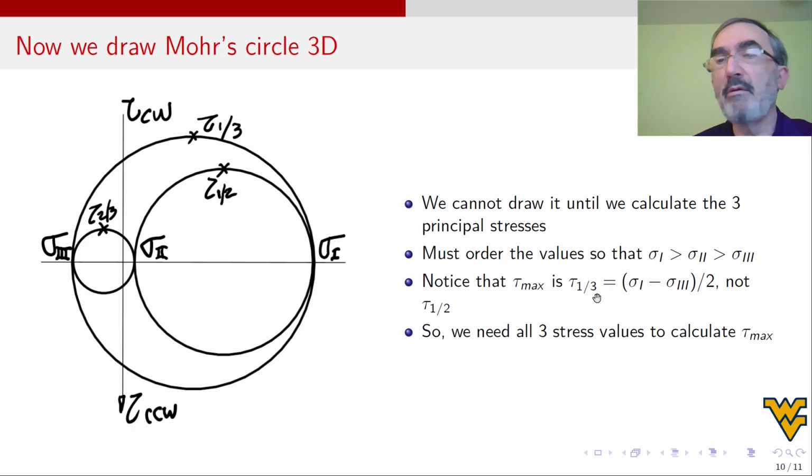Notice that tau max is tau 1,3, which can be calculated easily as this minus this divided by 2, and not tau 1,2 or tau 2,3, okay? So that means that we need all 3 principal stress values to calculate tau max. We have to know this, this, and this to decide which one is the smallest and which one is the largest, and then we can calculate this.